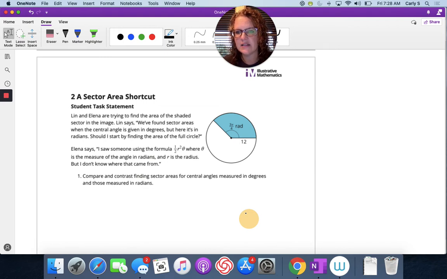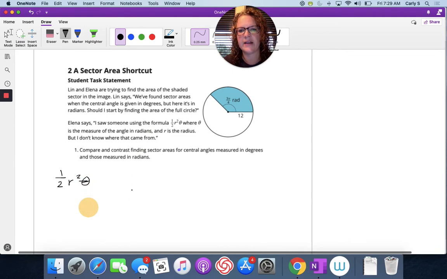Alina says, I saw someone using the formula 1/2 r squared theta, where theta is the measure of the angle in radians. R is the radius, but I don't know where it came from. Compare and contrast finding sector areas for central angle measures in degrees and those measured in radians.